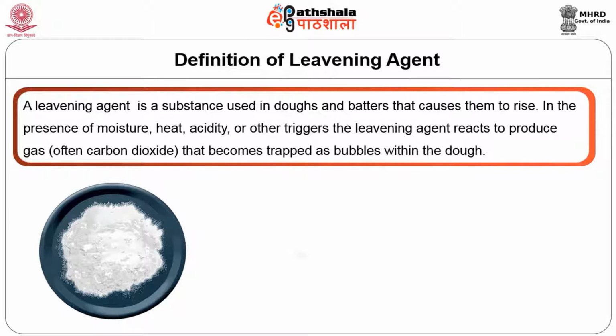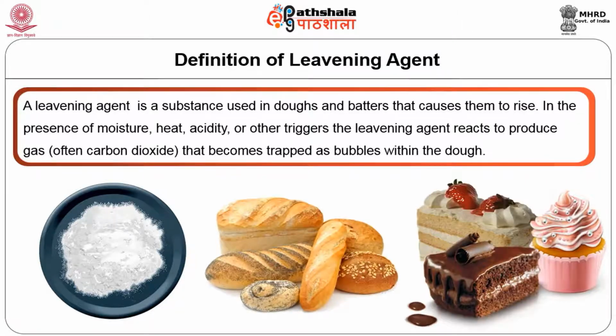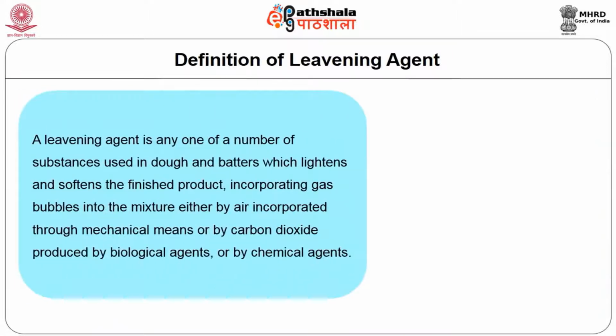When a dough or batter is baked, it sets and the holes left by the gas bubbles remain. This is what gives breads, cakes and other baked goods their soft sponge-like textures.